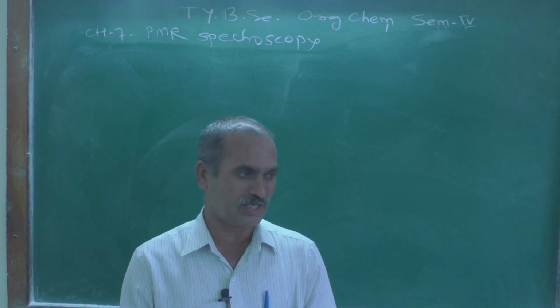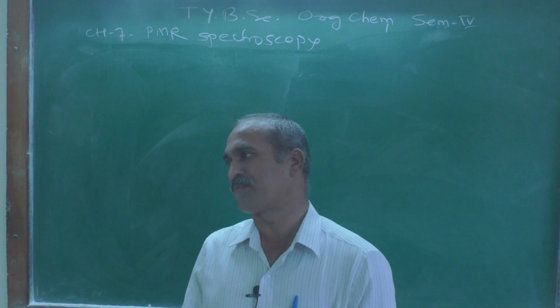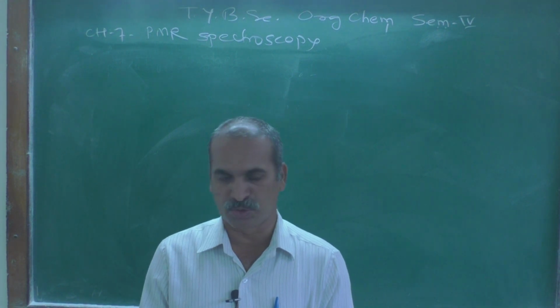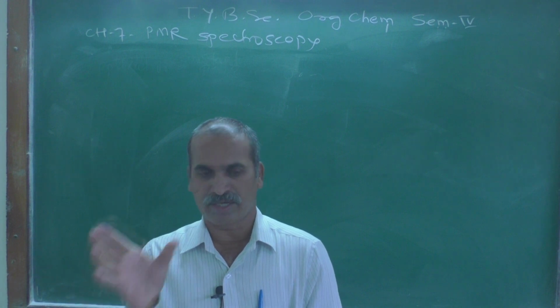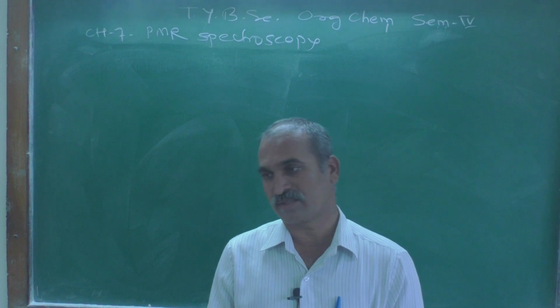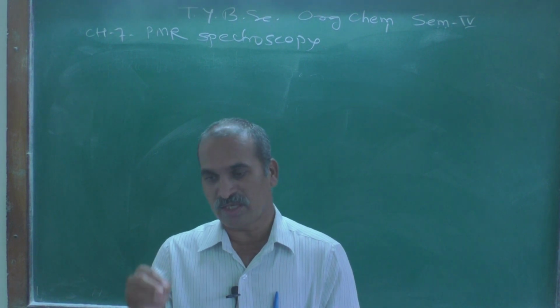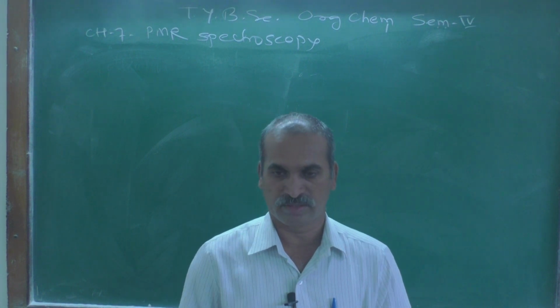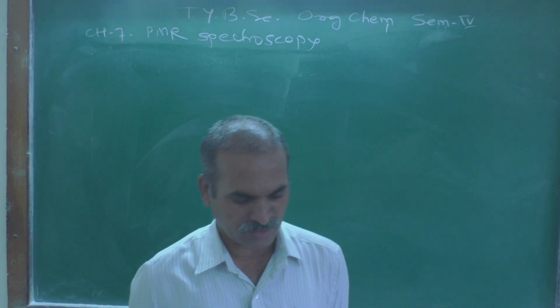A very de-shielded chemical shift value around 10 to 12 delta indicates the presence of carboxylic acids. So these are the applications of PMR spectroscopy.